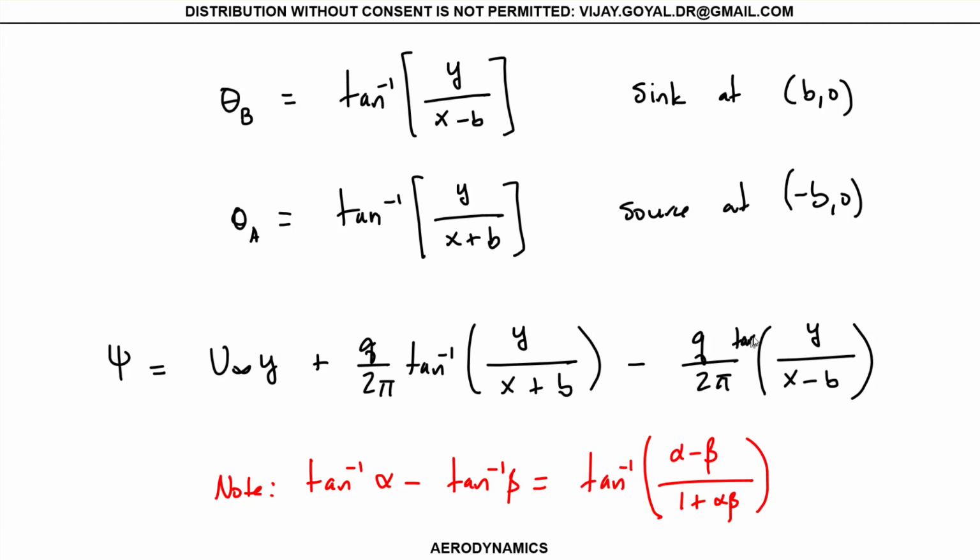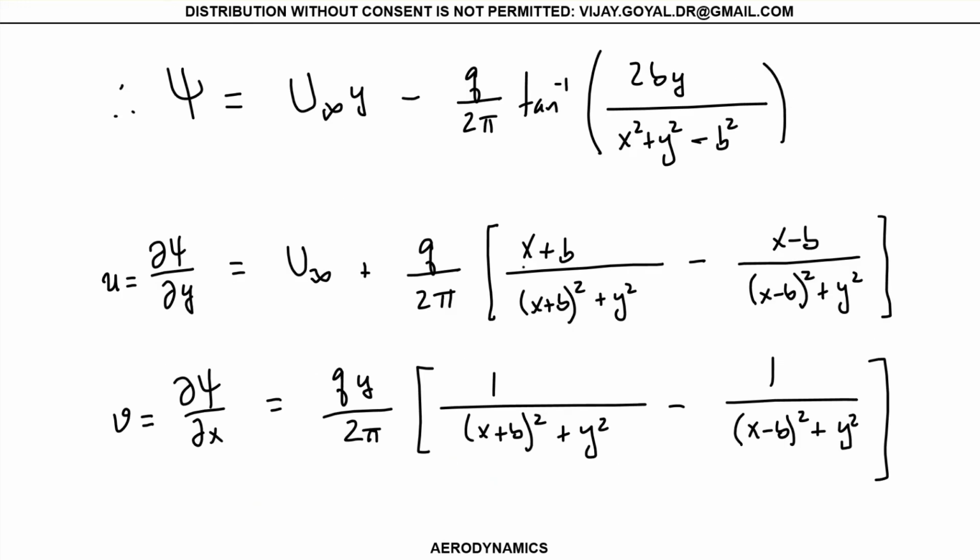There has to be a tangent inverse here. They're the same, because we are adding this plus this. So this is a very neat feature of trigonometry. If you have tangent inverse of an angle, subtract the tangent inverse of another angle beta, that's going to equal to this. Okay, this is a very neat property, and we will be using it.